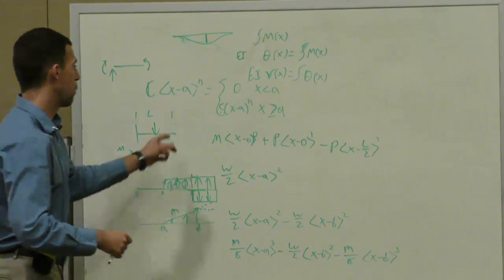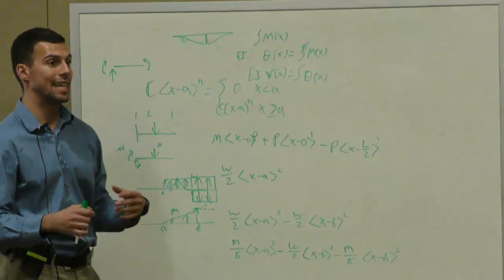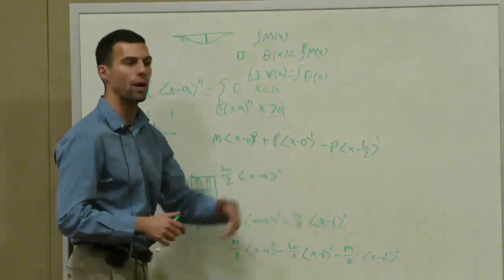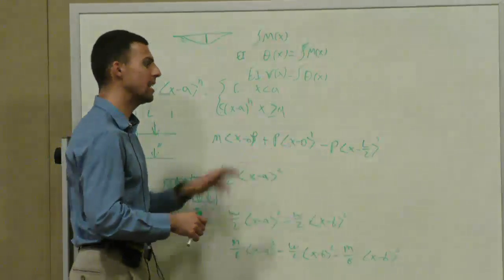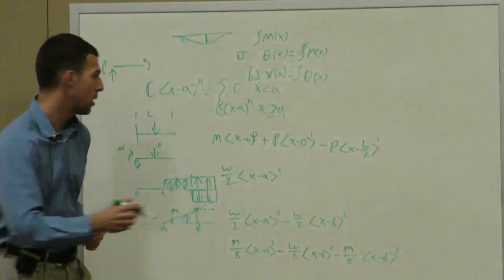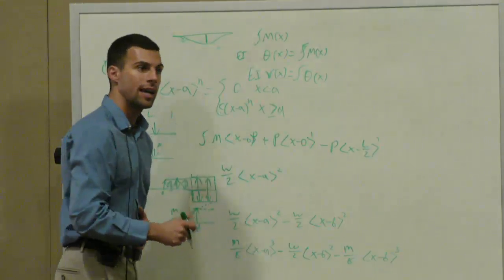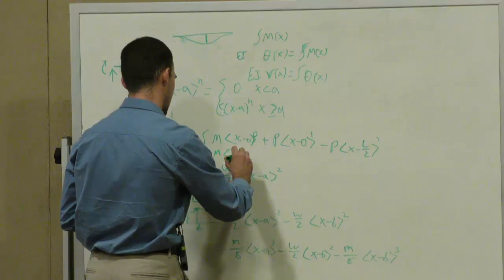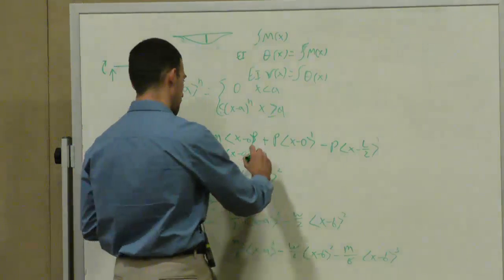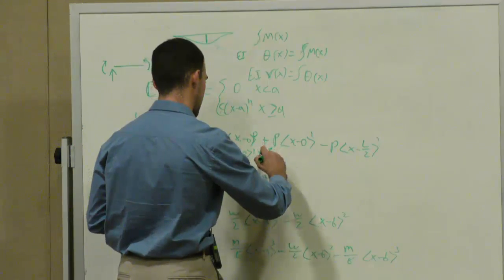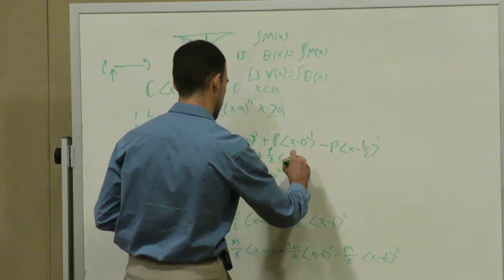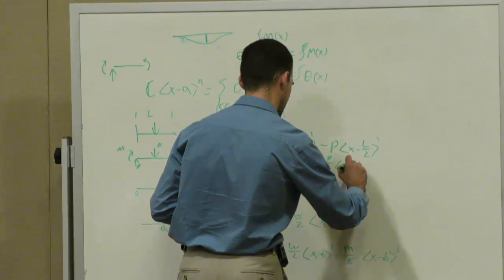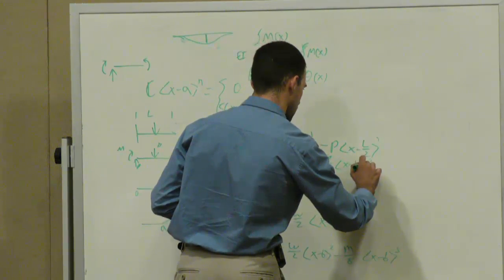When you integrate these things, Macaulay functions integrate very nicely in the sense that you don't actually care about what happened inside; the internal part just stays the same. So when you integrate this term, the power goes up by 1. You have m times (x minus 0) to the first, plus this term goes up to 2, so p over 2 times (x minus 0) to the second, minus p over 2 times (x minus l over 2) to the second.